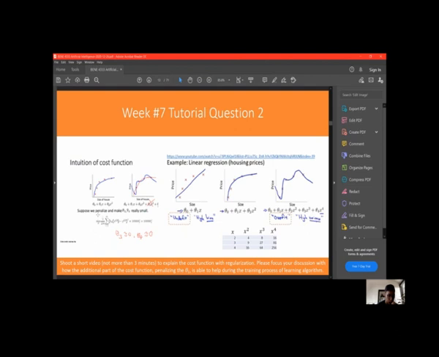We can write the equation like this: summation over m of h of x minus y squared, plus 1000 theta 3 squared and plus 1000 theta 4 squared. This equation is used to make theta 3 and theta 4 almost 0 or equal to 0, so that we can make the graph nice.